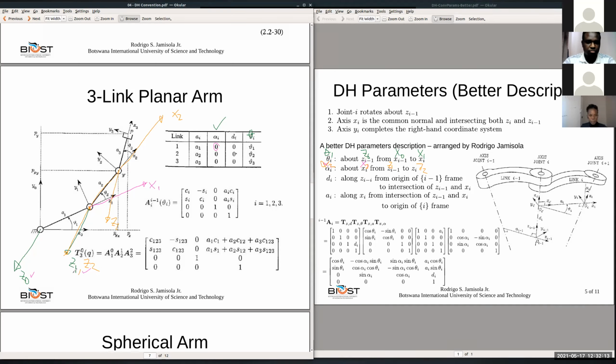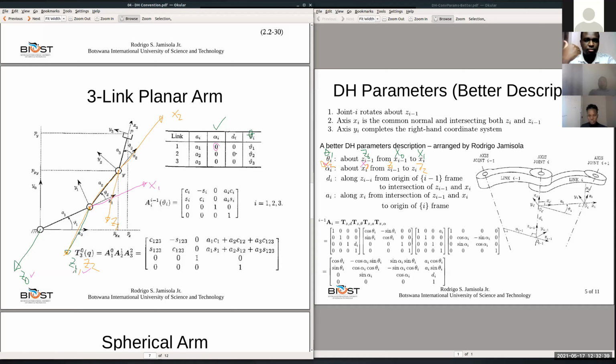Put your thumb into x2, and the 4 remaining fingers go in the direction of z1, out of the paper. Then rotate about z2. But now you don't rotate because z1 and z2 are coincident. There's no rotation.